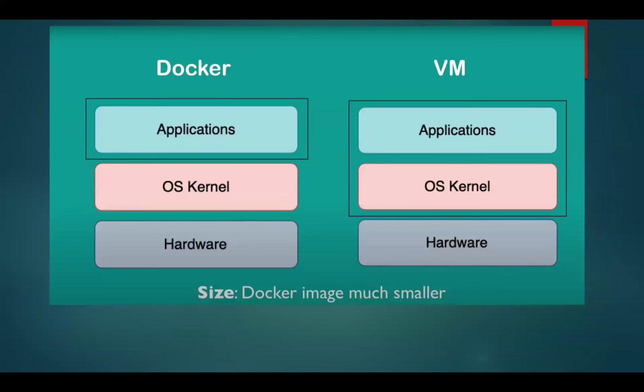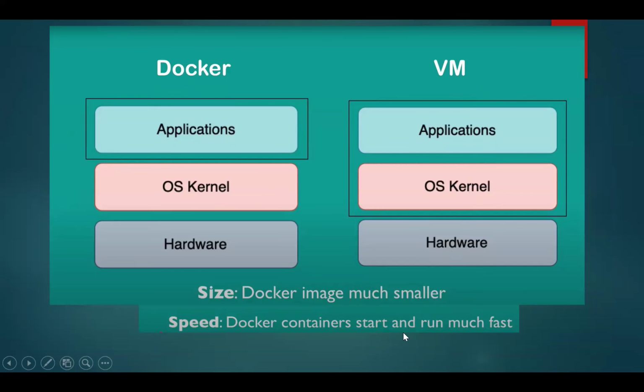Okay. What is the benefit? First, Docker images are much smaller. If I use a Linux VM, it's much heavier compared to the Docker one. It was 117 MB. Then speed. We quickly get into our Docker Ubuntu system compared to if I go and install another VM, which will take time.